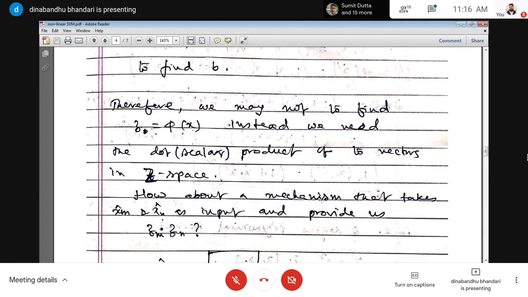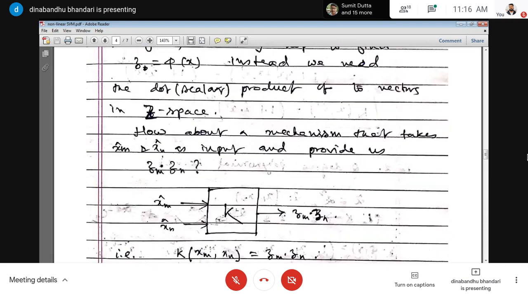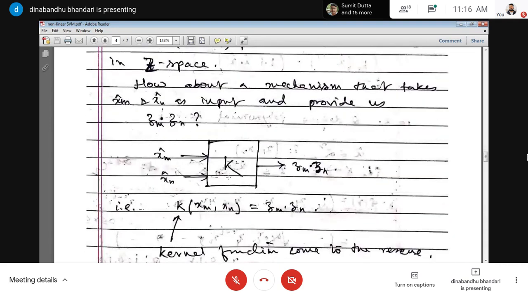And that is available as the kernel function, okay? So this is a box. It is taking xm and xn, and the output is zm zn. What is zm? zm is equal to phi of xm, zn equal to phi of xn. And zm zn are the points in the feature space corresponding to xm xn.